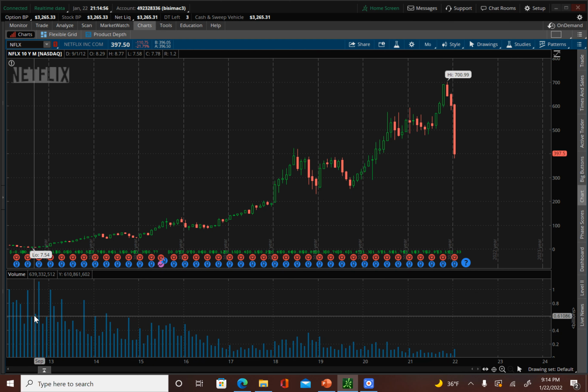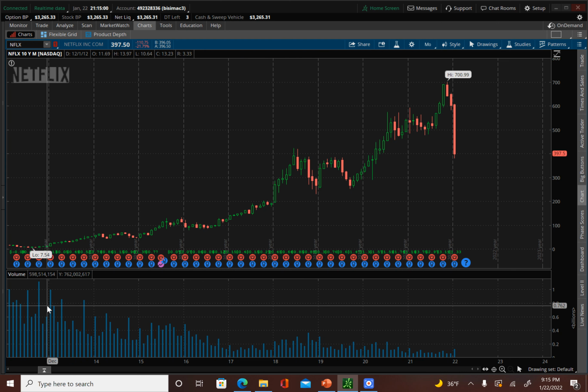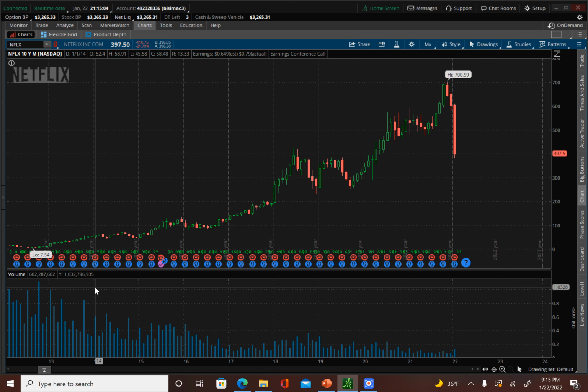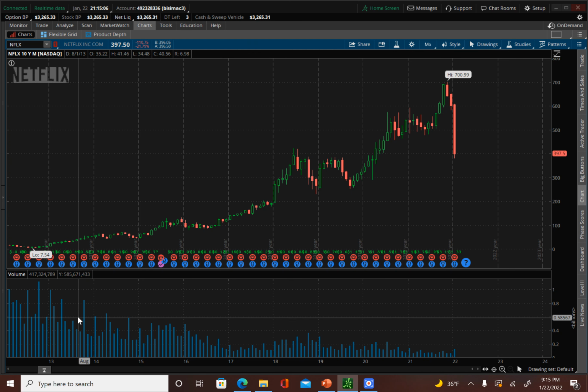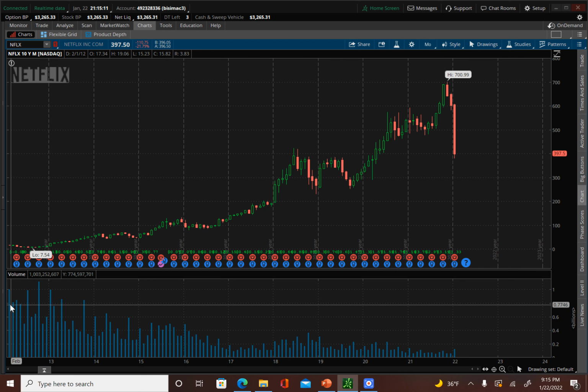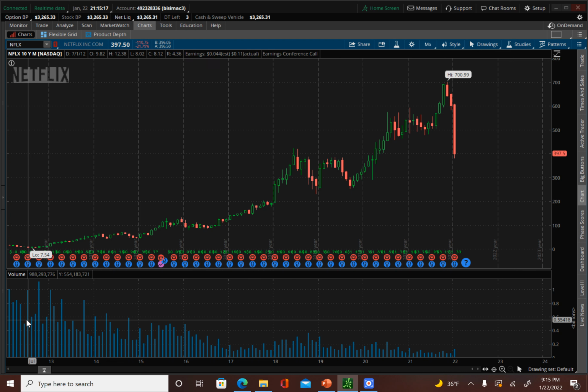So what you have here, in order to have sustained high volume like this, you need institutional investors. Retail investors might be able to push you up, a high volume for a day or two or even a week or whatnot. They are not going to be able to push up the volume over years like this. This is multiple years of high volume activity here.